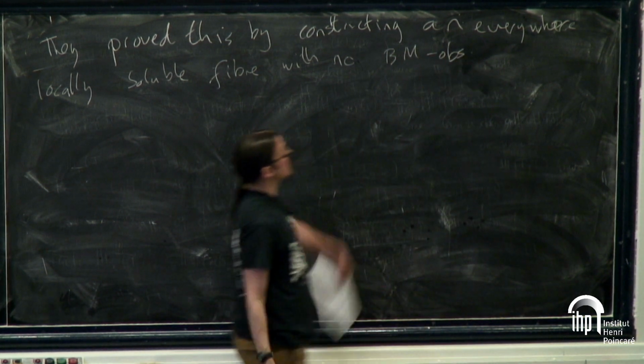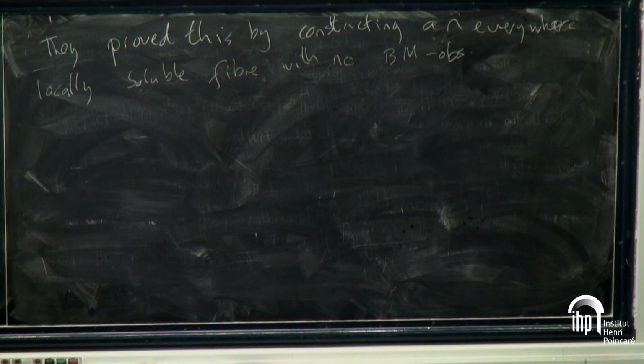So in particular, since we're assuming the Brauer-Manin obstruction is the only one to the Hasse principle, that allows them to deduce the existence of a rational point in this case.